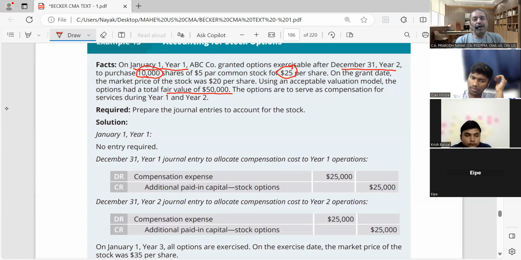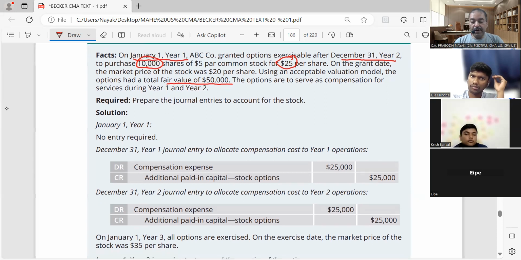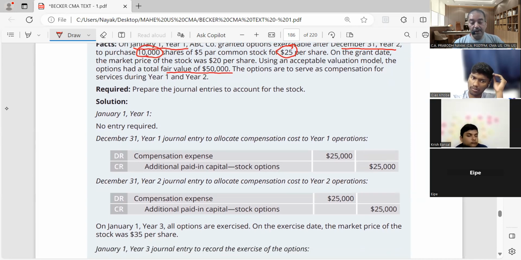We are showing that this is the amount that is payable to the employees. Suppose I'm saying wages are payable to the employees, I would debit wages. Here, instead of debiting wages, I'm debiting compensation expense because it is related to the option. Again, in the second year, I will pass the same entry, debit compensation expense, credit additional paid in capital.